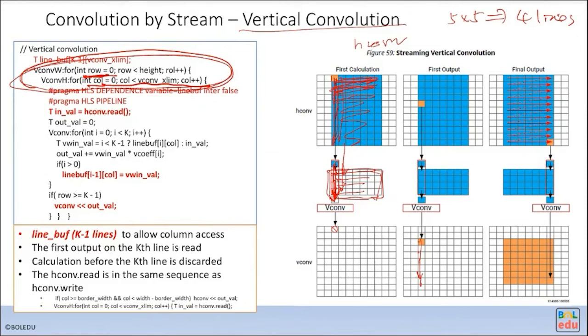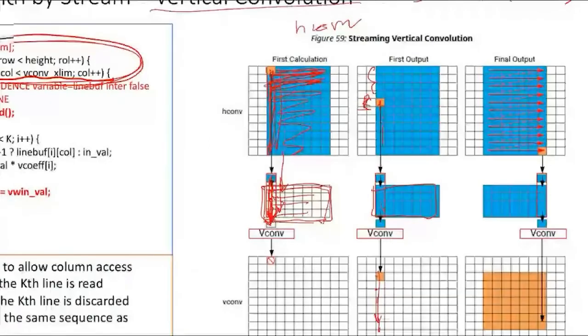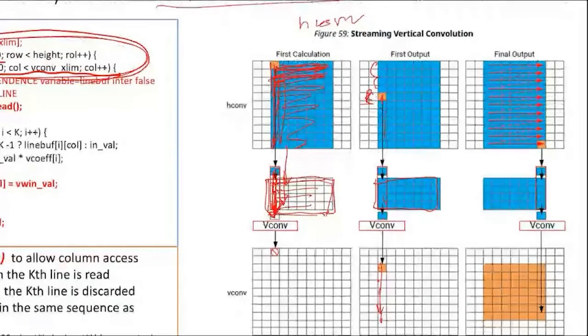So when you fill the line buffer, and then a new entry comes after the fifth line, when this element is read in, you shift it in and then do the convolution.